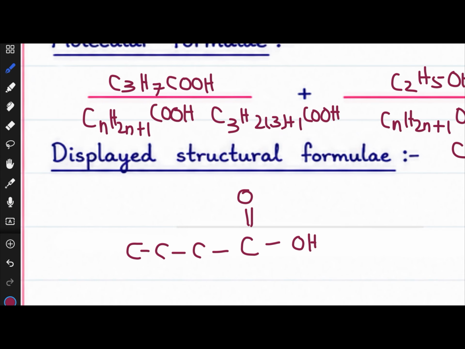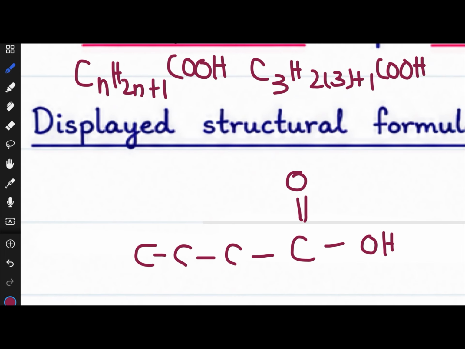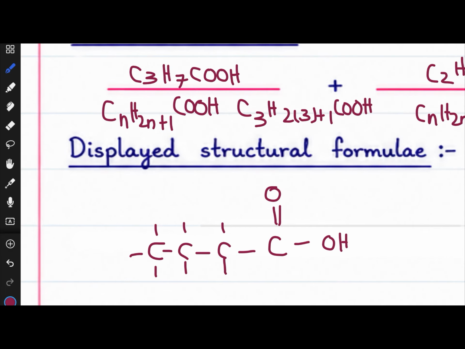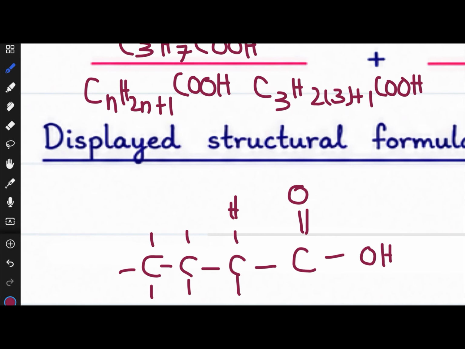And then we're going to complete the bonds of each carbon atom. This has 2 bonds already made, so let's complete the rest too, like this. And the same thing is happening with this, and with this. Now let's put an H atom along with each line, like this. Second, third, fourth, fifth, sixth, and seventh.